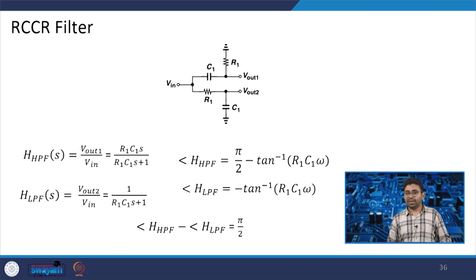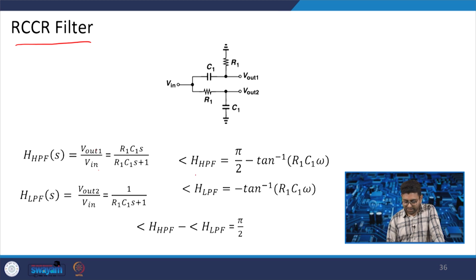Now, how can we use the RC-CR filter in order to achieve the 90-degree phase shift? If this is your input signal and these are Vout1 and Vout2, you can write the high pass filter transfer function Vout1 by Vin as R1C1s by (R1C1s plus 1), and for the low pass filter it is nothing but 1 by (R1C1s plus 1).